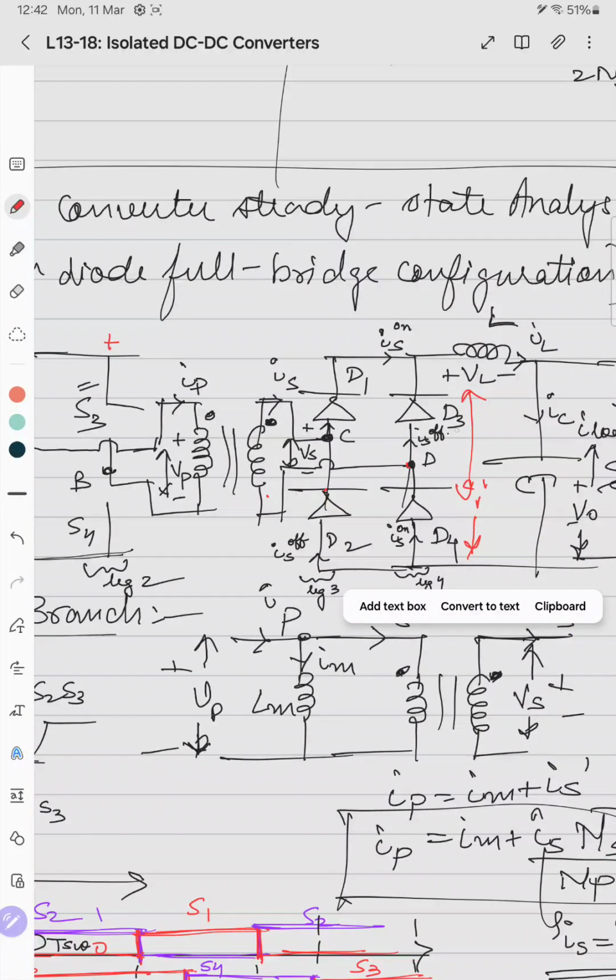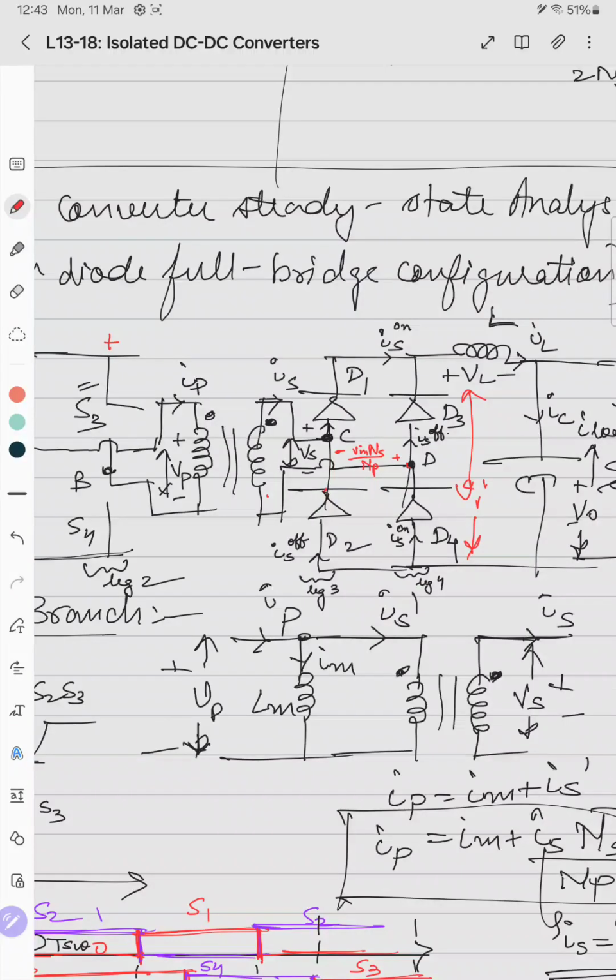is on and the voltage induced is negative, this is at the positive end, and D2 is on. So the voltage across CD, plus and minus, is V in into NS by NP, minus V in into NS by NP.